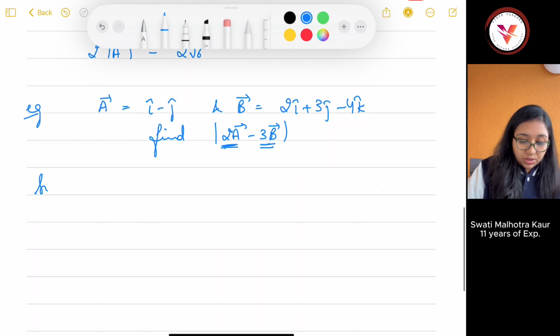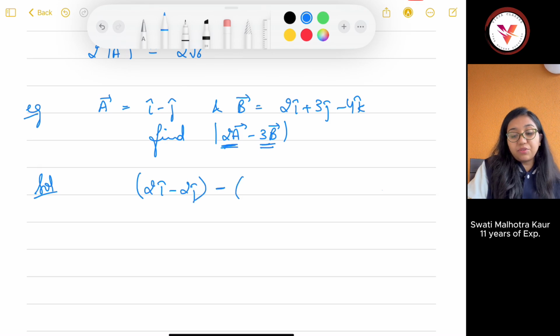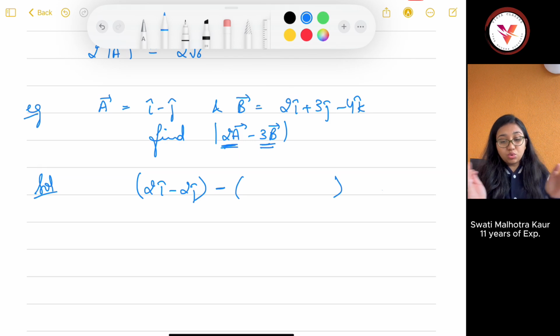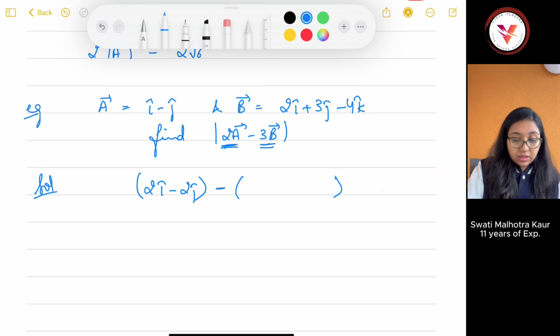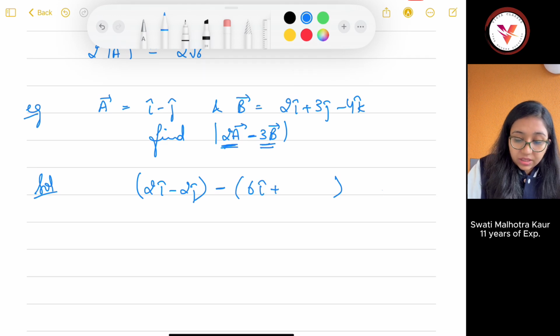Okay. So it is something like, I'm simply getting 2a vector minus 3b vector, that is 2i cap minus 2j cap. And then you have to take the minus and take everything in the bracket. So you can get this minus out. Then it is 3 times 2 is 6i cap plus 3 times 3 is 9j cap minus 3 times 4 is 12k cap.